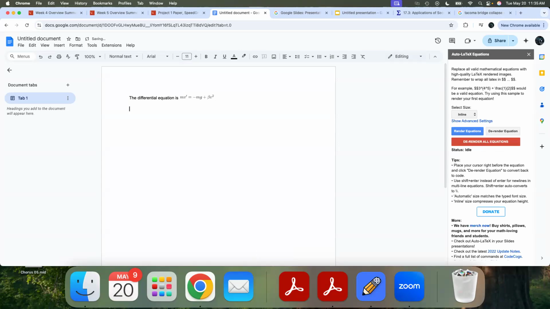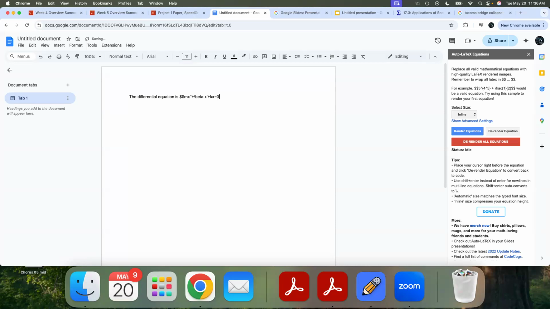So to type math, we're just going to type it out, and all of our math needs to be enclosed in these dollar signs. So I might type, I don't know, the differential equation is, and then double dollar signs, mx double prime plus, what do I call it? Beta. So beta, I would get like this, x prime plus kx equals 0.